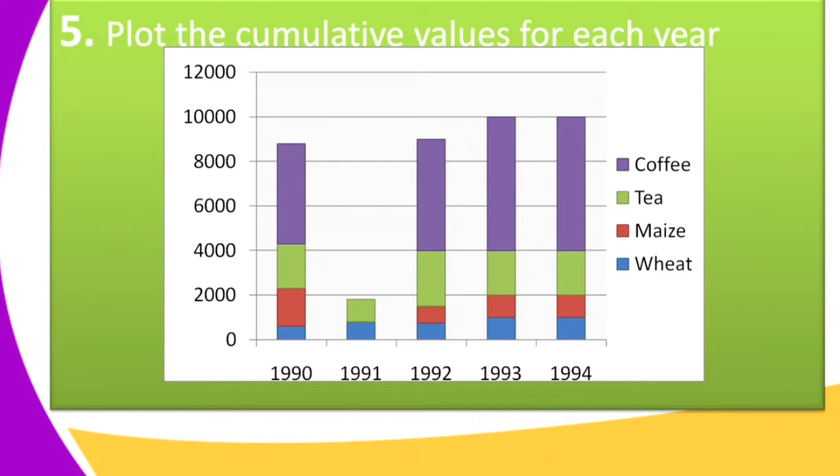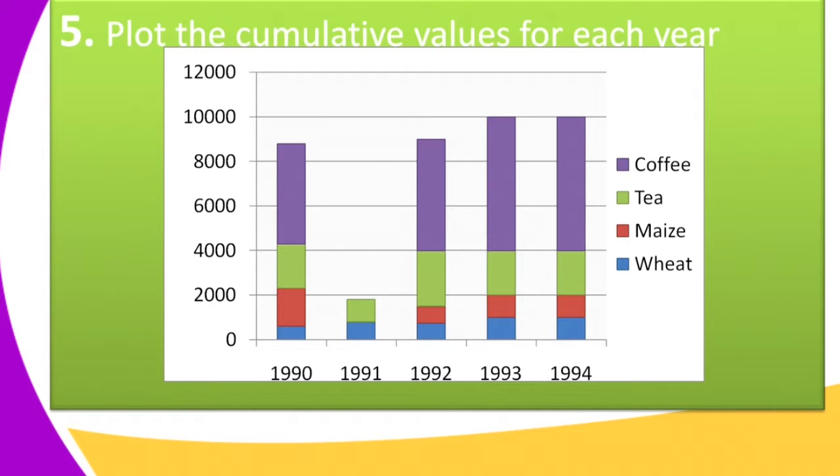In 1990, the wheat was less than 1,000. In 1991, it is also less than 2,000. In 1992, similar, up to 1994.